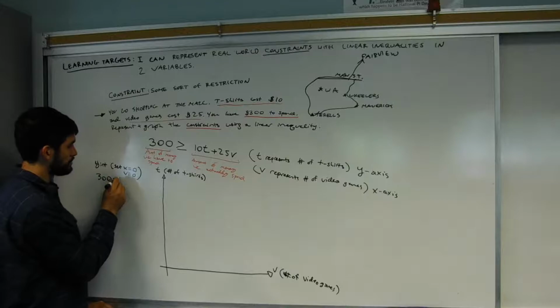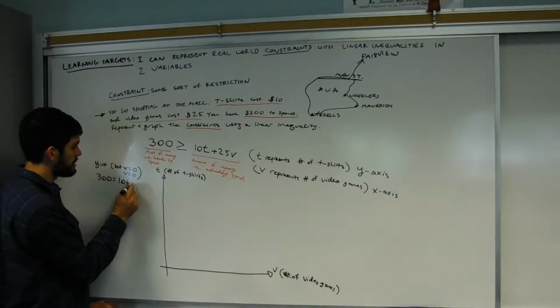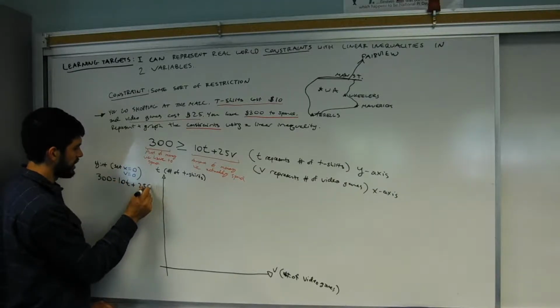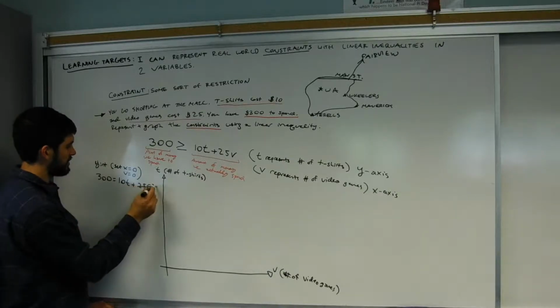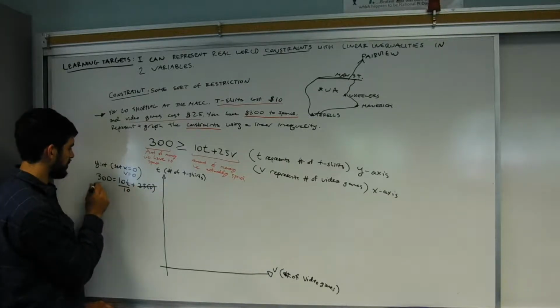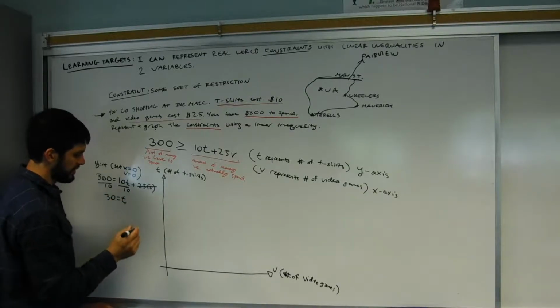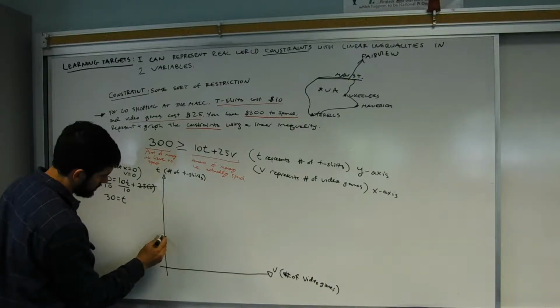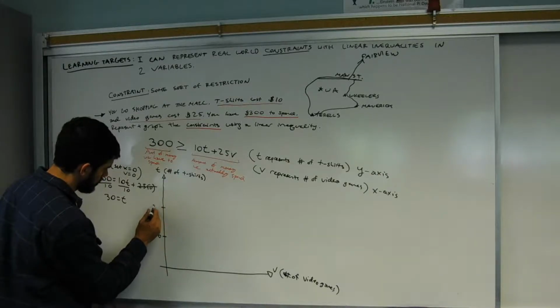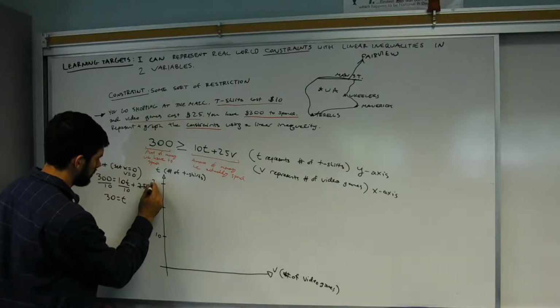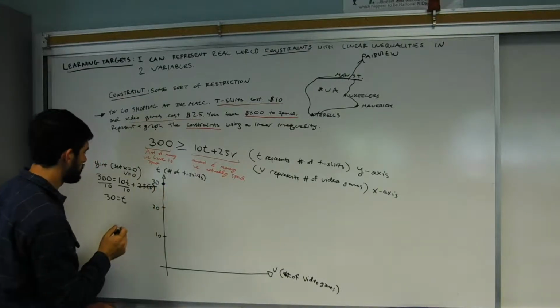So we get 10t plus 25 times 0. That's just nothing. We divide each side by 10, and we get 30 is equal to t. So that's 10, 20, 30, and I can plot that intercept over here.